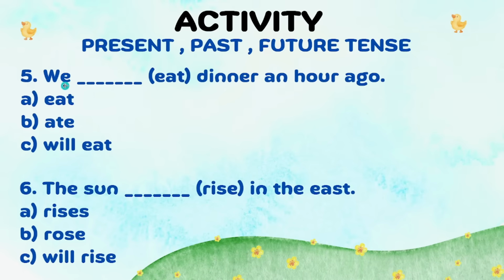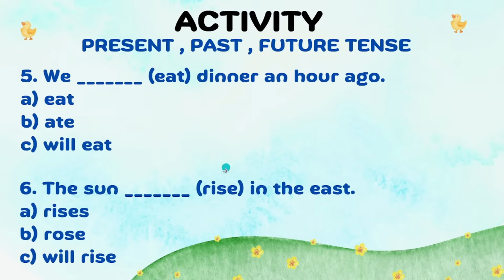So, what is the correct answer? It happened in the past. Letter B. Okay? We ate dinner an hour ago because of this word. That's why it's called past.